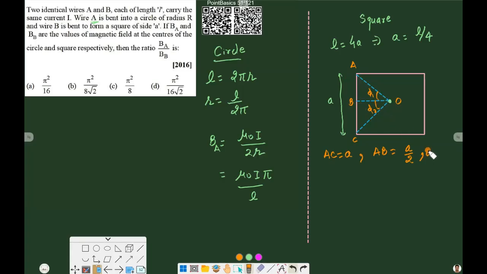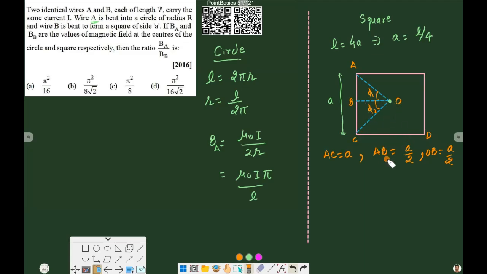Again, OB is also A by 2 because this whole length is equal to CD, that is OB is half of CD and CD is equal to side of square, that is A.